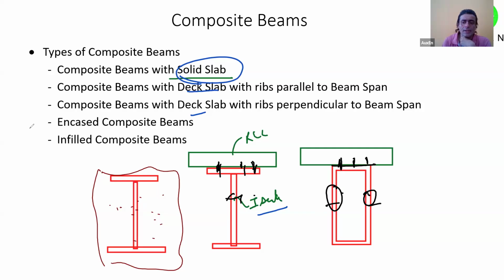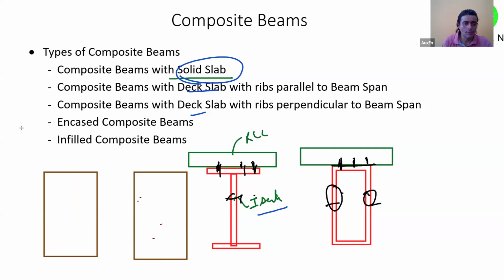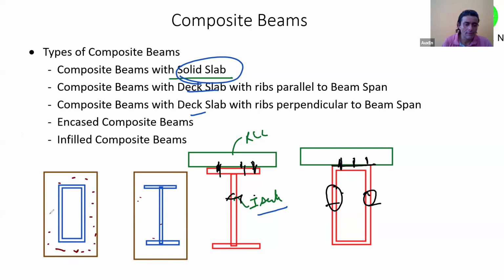Also, if you are using this as an encased beam, suppose you had two options of encased beams. So you had an encased beam like this, and you could either use a hollow section encased inside, or you had the option of using an I section. So which of them would you prefer and why? Any thoughts? Suppose I was to use an encased section. This is an encased section.